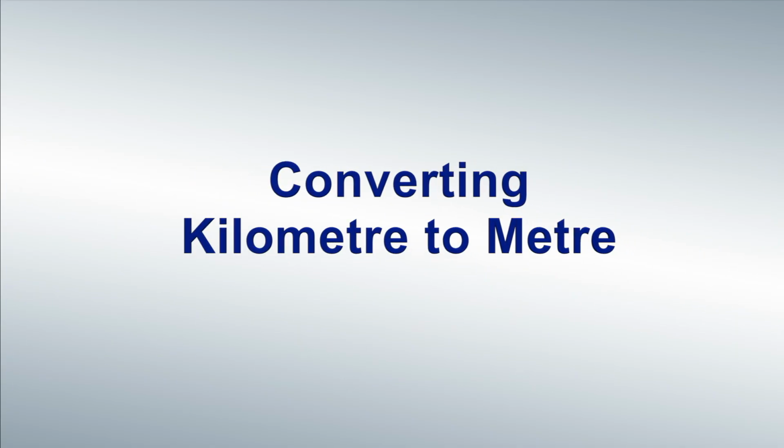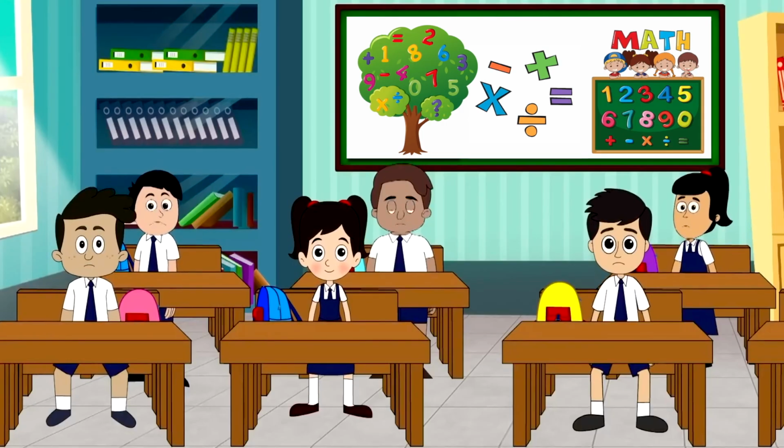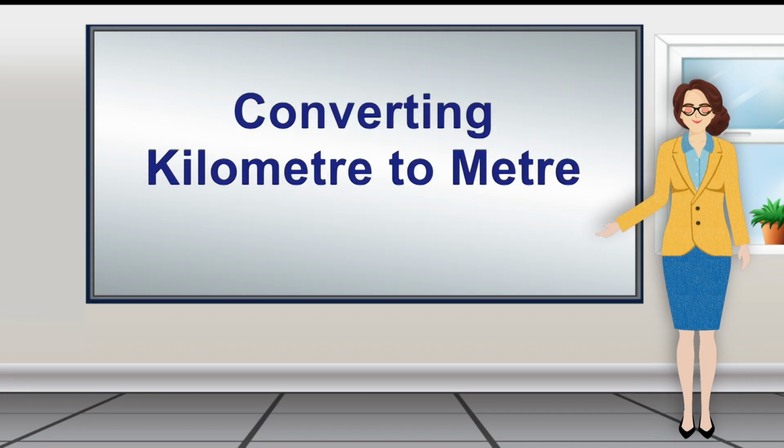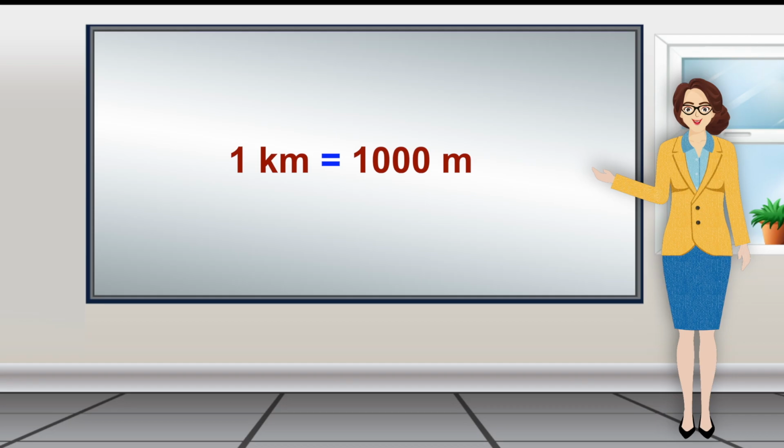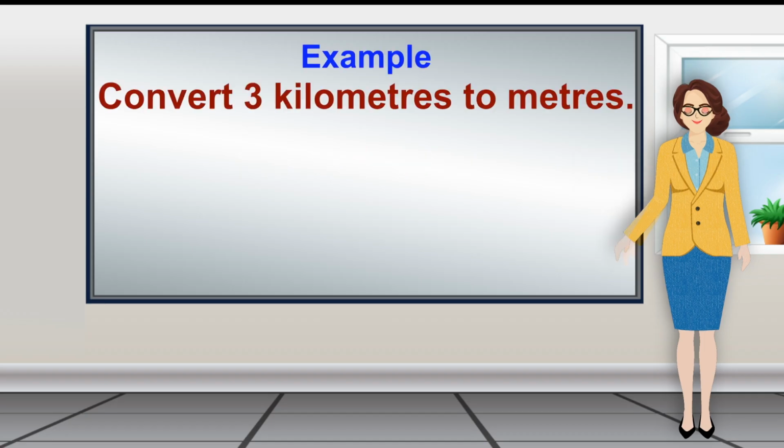Converting kilometer to meter. Do you know, we can convert kilometer and meter just like meter and centimeter. As we know, kilometer and meter are used to measure the long distance. And to convert kilometer to meter, we use the formula 1 kilometer is equal to 1000 meters. Let us learn how to convert kilometers to meters from an example.